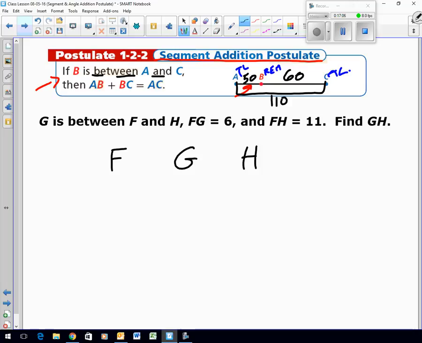Does this picture illustrate that G is between F and H? Yes. All right. So far, so good. And we're going to add some dots and lines. How far is it from F to G? How far is it from F to H? What is the question asking me?